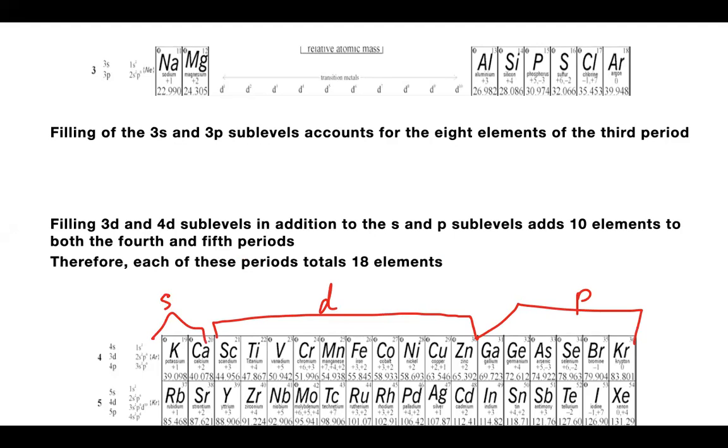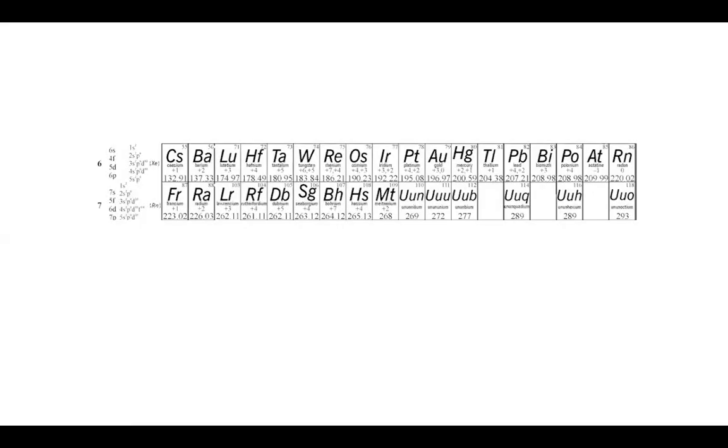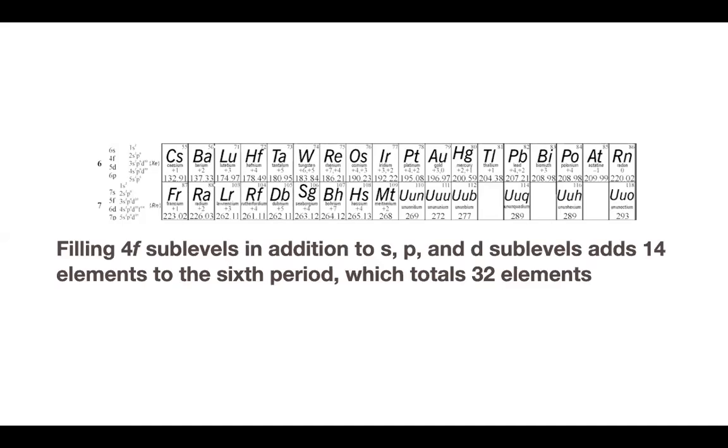That applies to both periods 4 and 5. Filling the 4f sublevels in addition to the s, p, and d sublevels is going to add 14 more elements to the 6th period, which totals 32.